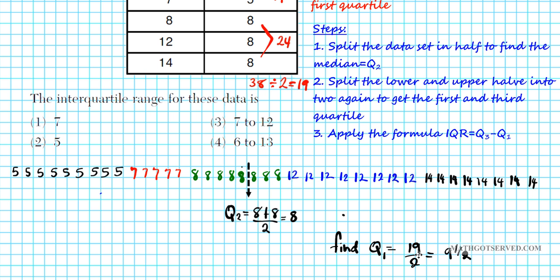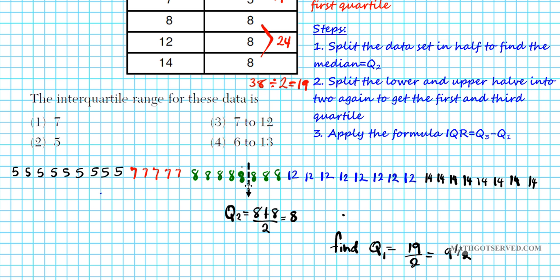The nice thing about having an odd number of elements in your data set is that you have a middle number, and that will be a median, okay? If it's even, they have to average. So what this is telling us is if you count 9 numbers, the next number is the median, okay?